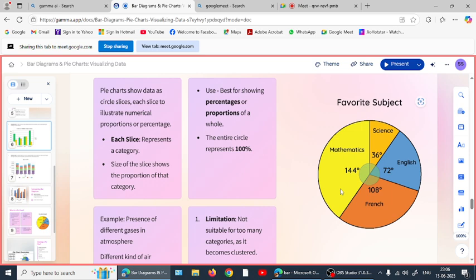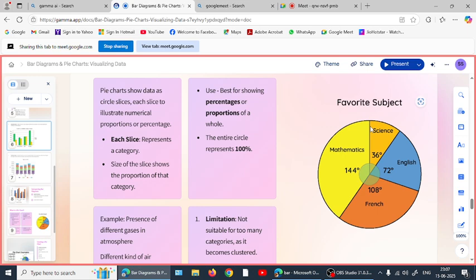These slices are drawn based on the percentage we get. Pie charts are a very good example for showcasing percentages and proportions.